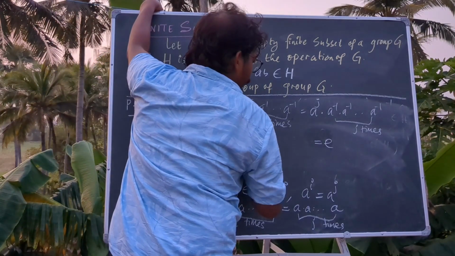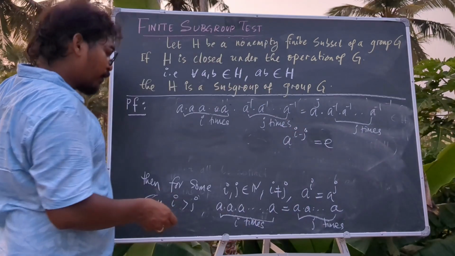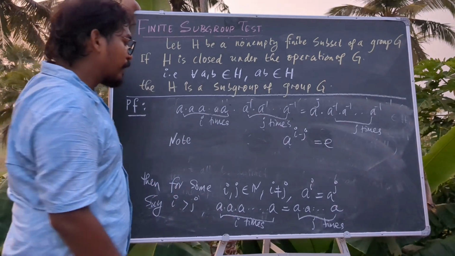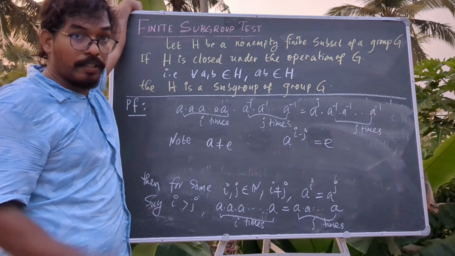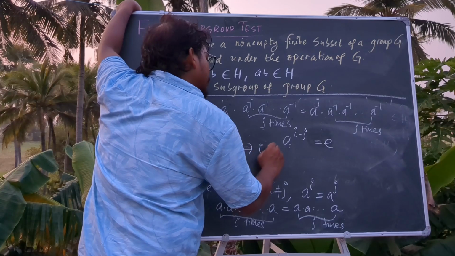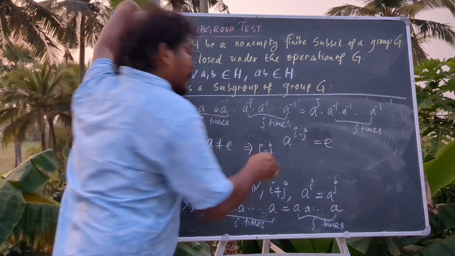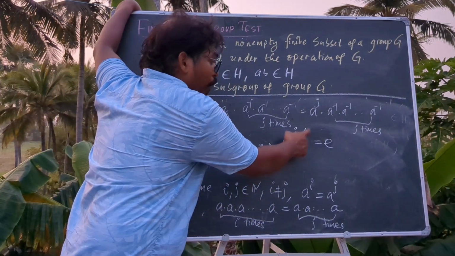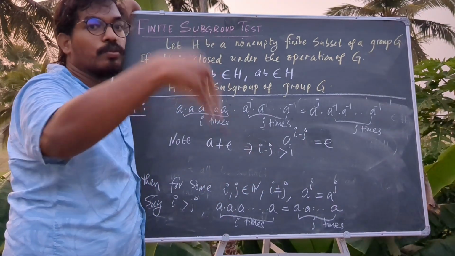So on the right side we have identity, and on the left side we have a to the power i minus j. And note, a is not equal to identity, as we have assumed at first. That implies this i minus j can't be 1. This is bigger than 1. i is bigger than j, so i minus j is a positive natural number, 1, 2, 3 or 4.